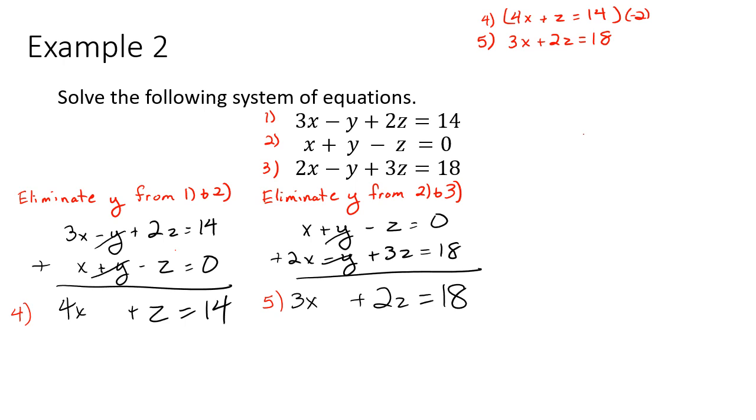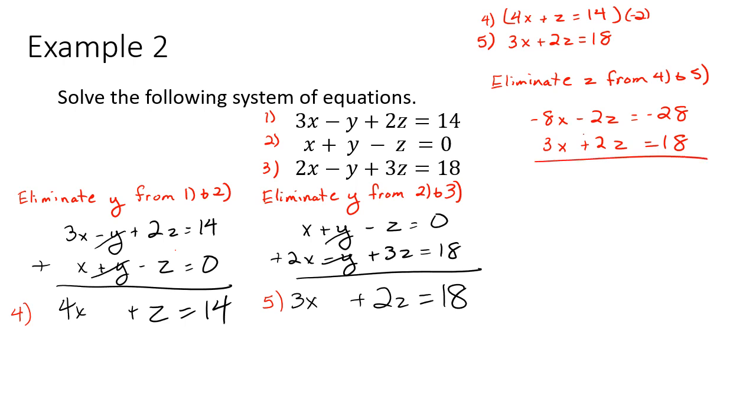So if I do negative 2 times equation 4, that would give me a negative 8x minus 2z is equal to a negative 28. And the equation 5 I leave as is. 3x plus 2z is equal to 18. So what I'm doing now is I am eliminating z from my two new equations 4 and 5.